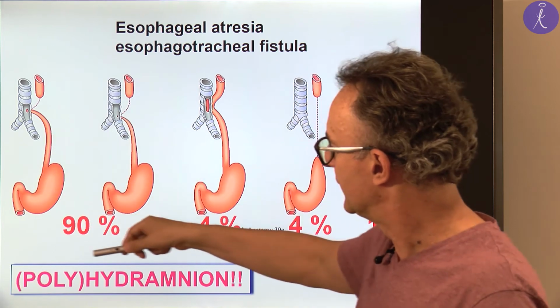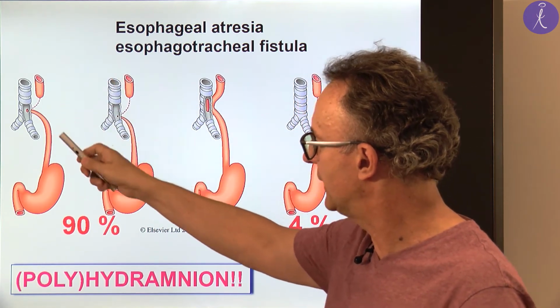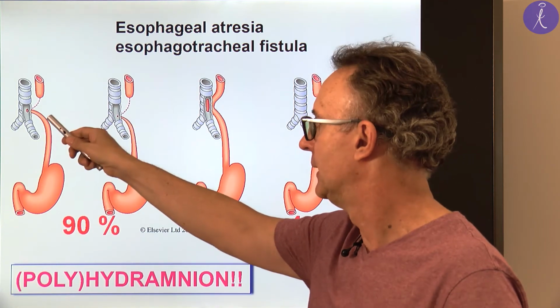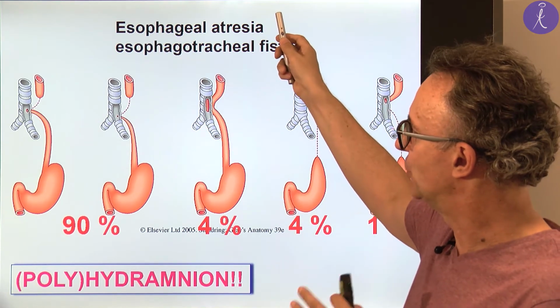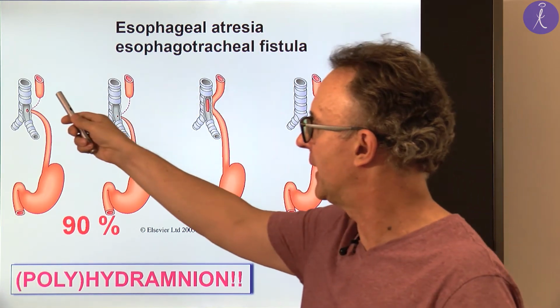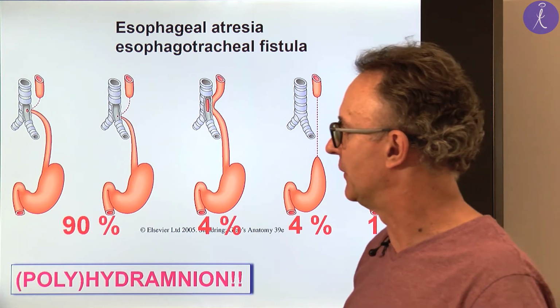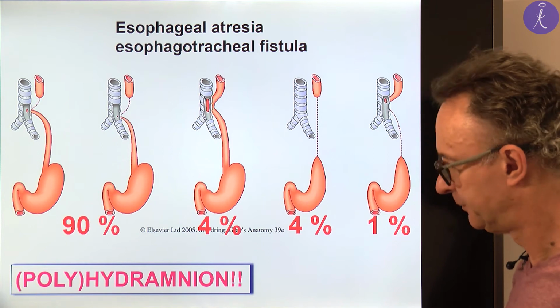Otherwise, thank God, the majority of the malformations happens this way. So we have atresia of the esophagus and we have fistula. I highlighted two important embryonic malformations. One is the atresia, the blind-ending tube, and the fistula when we have communication between two tubes. So basically everywhere we see fistula with the exception of this.